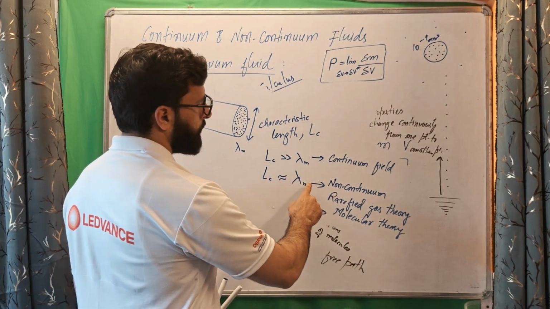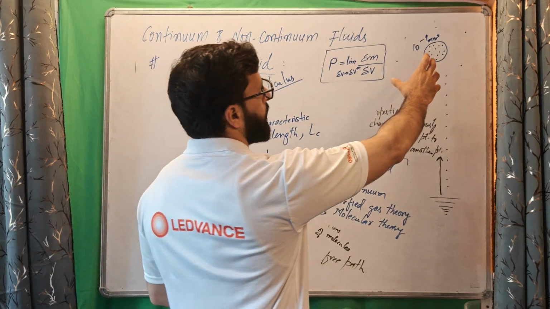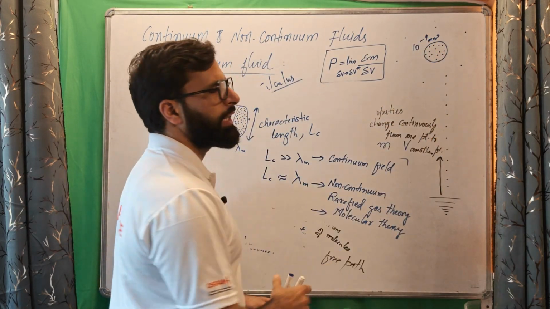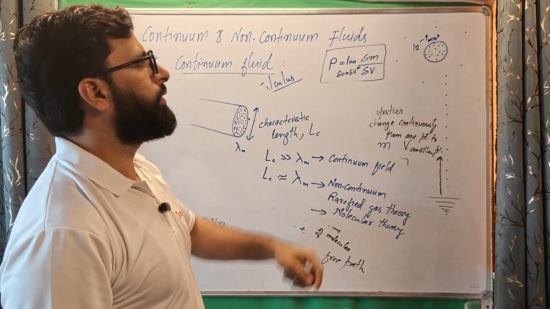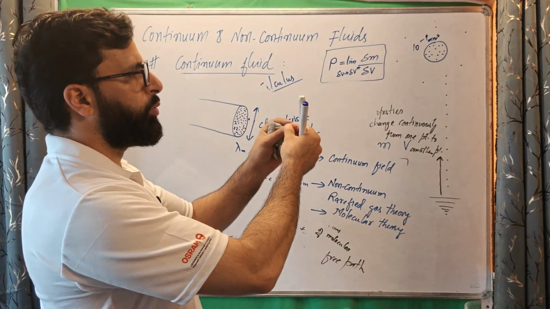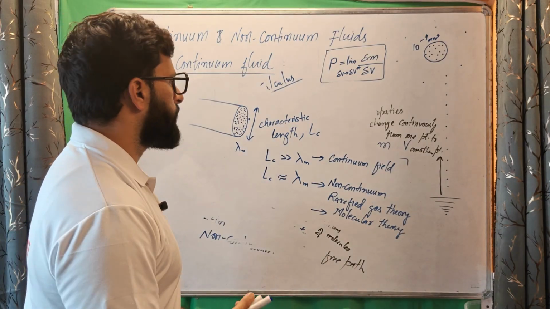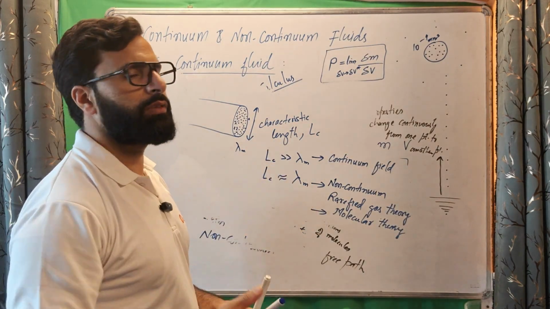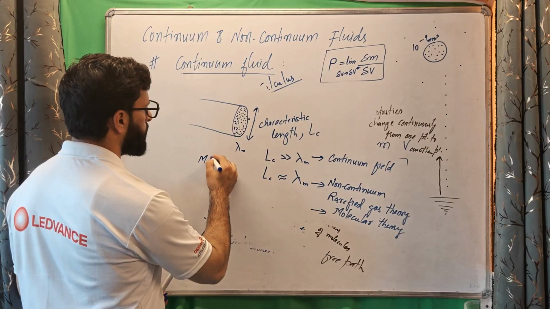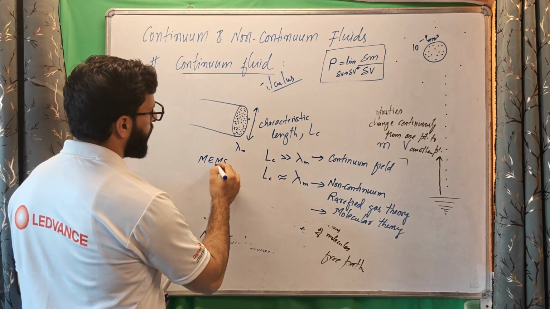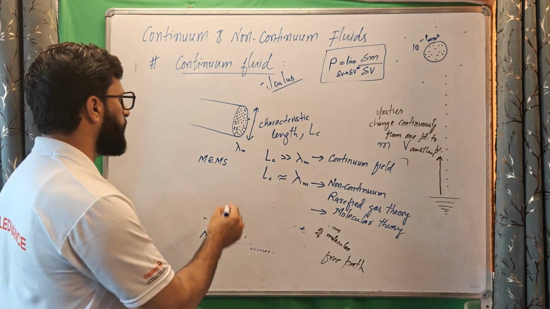Another example where we use non-continuum theory is where the intermolecular spacing gets larger. For example, when we go to higher altitudes, the intermolecular spacing increases, so we have to use non-continuum theory. Another example is when the system itself is very small. For example, MEMS, micro electromechanical systems, are becoming popular.